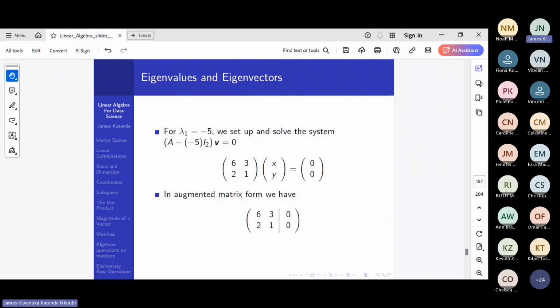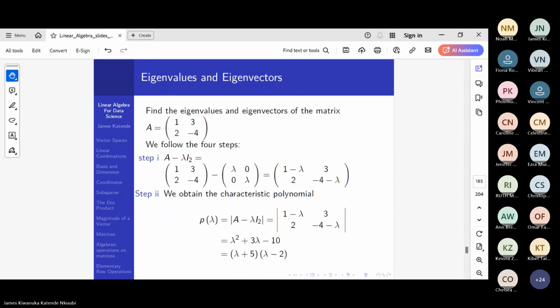So since you have a double negative, you'll end up with a plus. So this will be a 5 and a 5. If you subtract 1 minus 5, you should get -4. Then minus 4. No, it's 1.